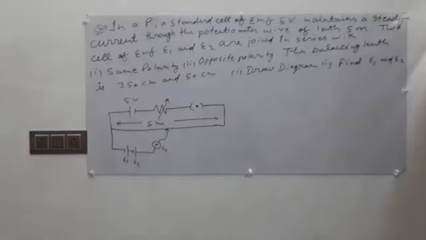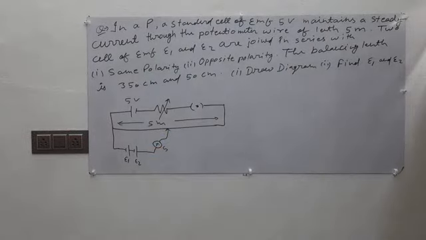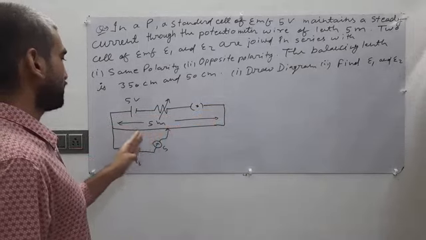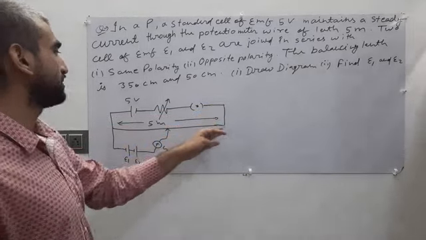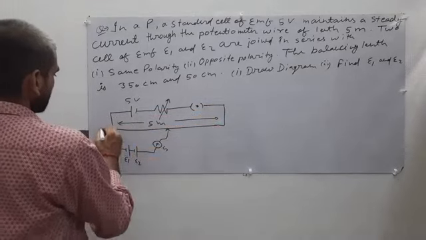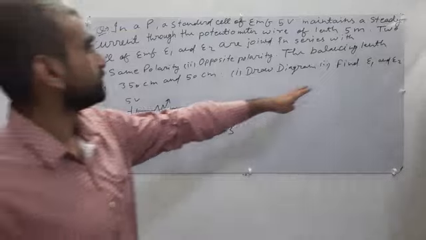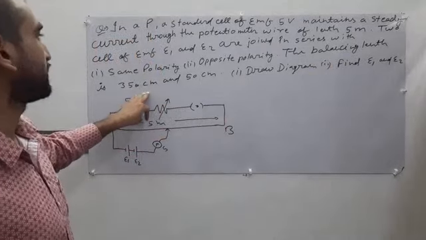Our first balancing position L1, when we move our jockey along this wire, is 350 centimeter.